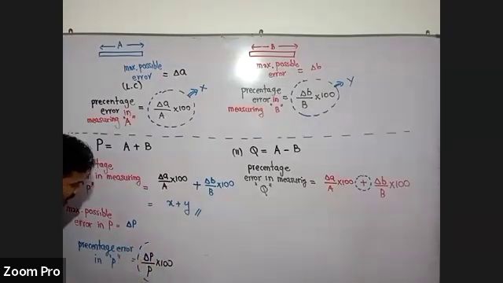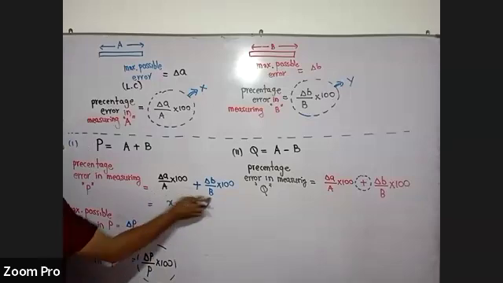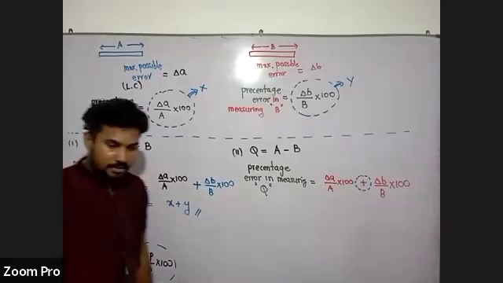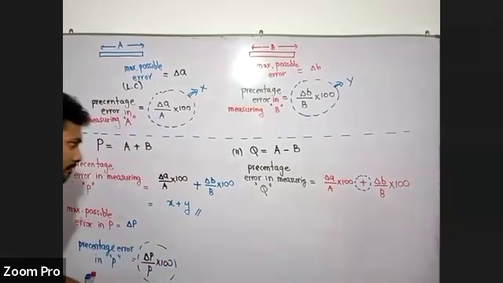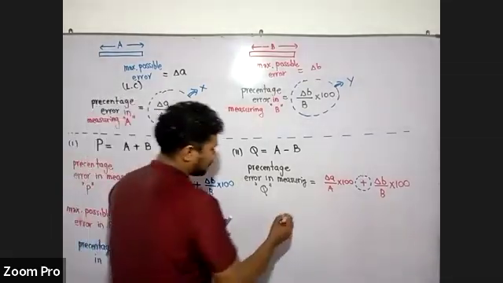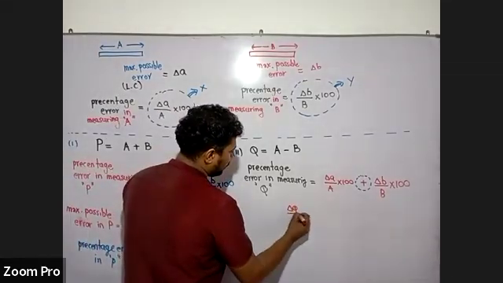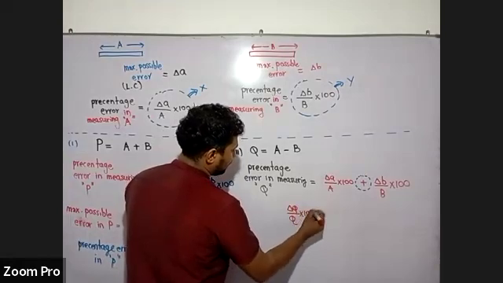So this value is equal to the sum of these two, isn't it? Right. This one also can be expressed as delta Q over Q into 100, right?